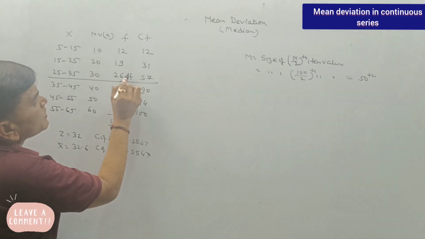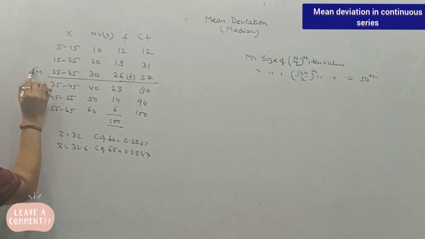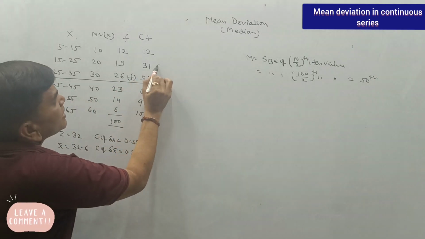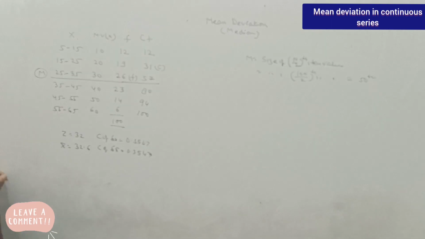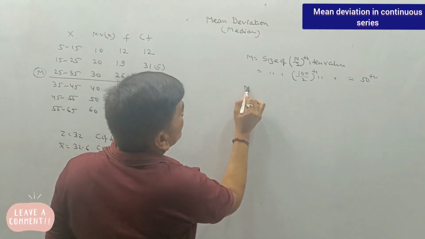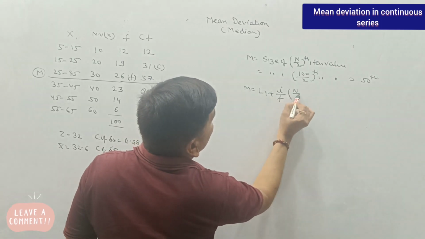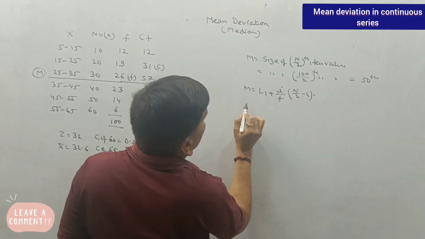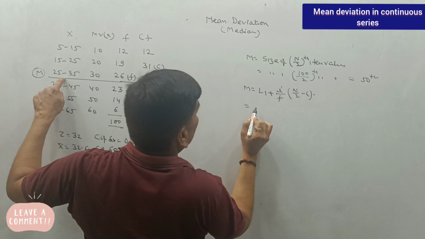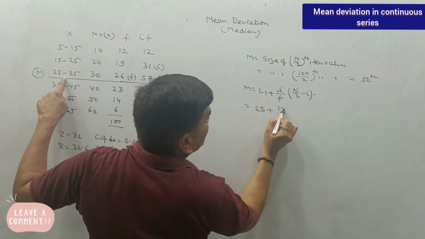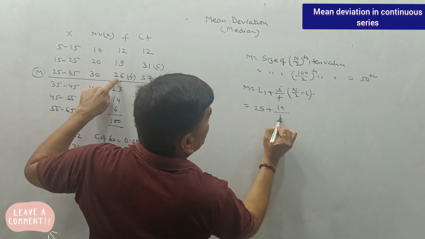So this will be the median group. C will be this. So M equals L1 plus i upon f times n/2 minus C. That is L1 is lower limit 25, class interval is 10, frequency is 26.